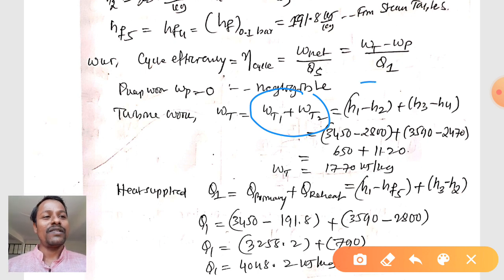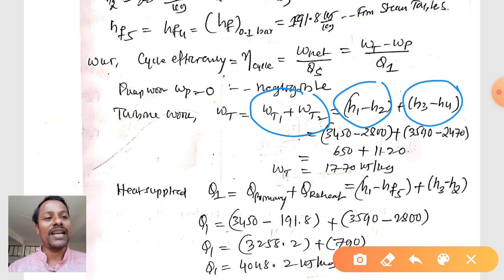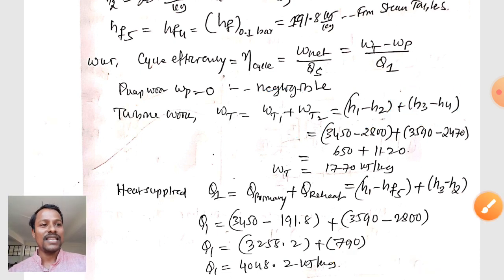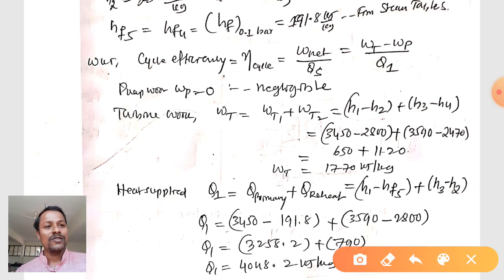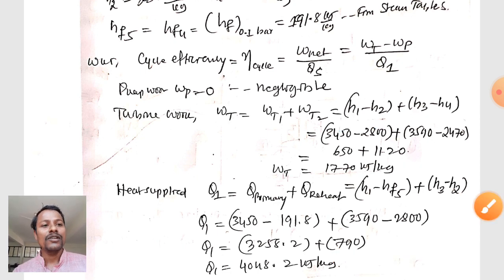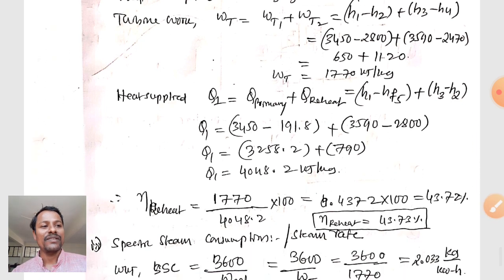First stage is between 1 and 2, second stage is between 3 and 4. So I will substitute the enthalpy values that I have obtained from the Mollier chart. These are the values that I have substituted. After that I am able to calculate the turbine work as 1770 kilojoule per kg.